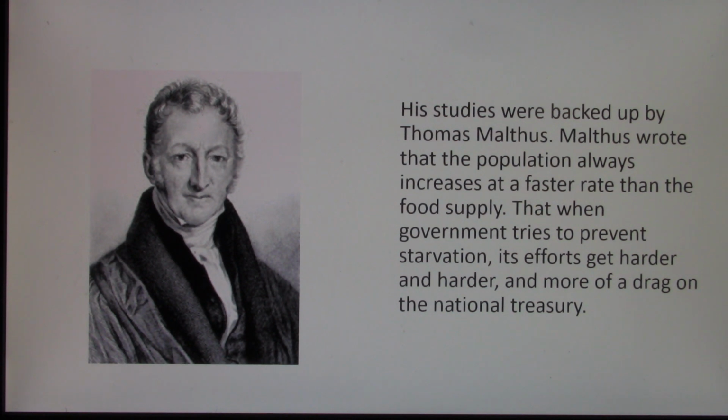That when the government tries to prevent starvation, its efforts are going to get harder and harder, and become more of a drag on the national treasury. Malthus believed that there would come a time in which the government could not protect its workers anymore, and the workers would just naturally die by the wayside. Now, this is what we call school of thought number one.